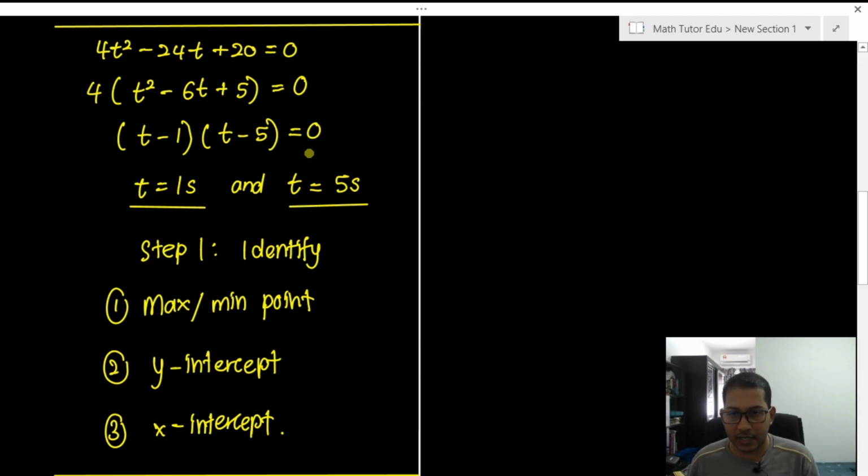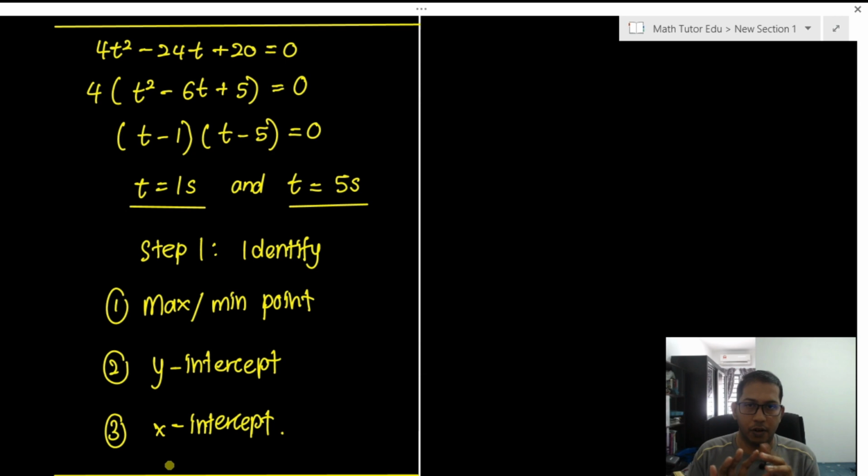But in this case, since your x-intercept falls exactly on t equals 5 seconds, there is no need to calculate the range. So range is actually optional. It depends on the question, guys.